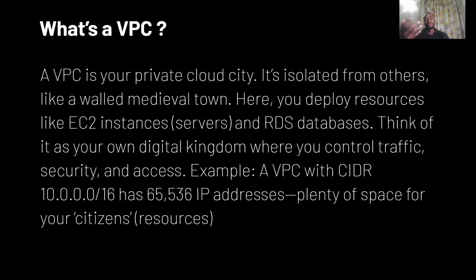I think from our previous definition, we can clearly understand what a VPC is. We deploy services like our EC2 in this VPC. We can deploy services like our databases in this VPC, and we can give them addresses.